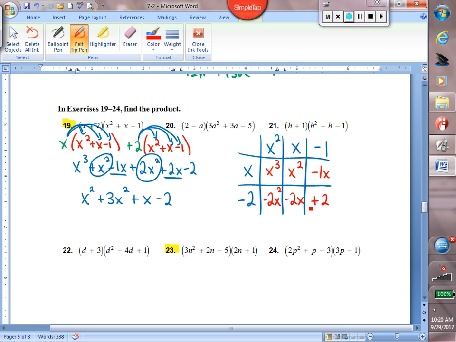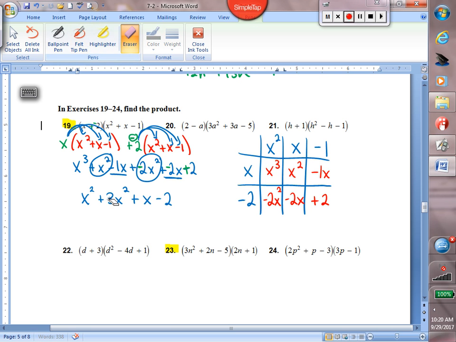Now, by doing that, I just realized I made a big mistake in the last one, guys. I forgot, and this is such a common mistake, this should be a negative 2x that I distributed. So this should be a negative 2x squared, a negative 2x, and a positive 2.